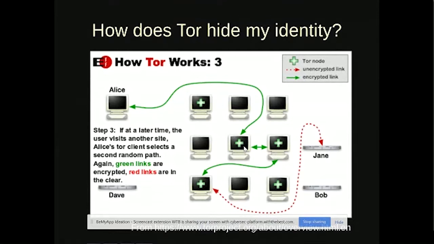So this is the way that the Tor network is hiding your IP address from anybody logging, for example, at your ISP. It's really providing a couple of services. One is that it makes it look like your IP address is the exit node. So if a server is logging connections, it's going to be logging the IP address of the exit node, not of the person browsing the web.